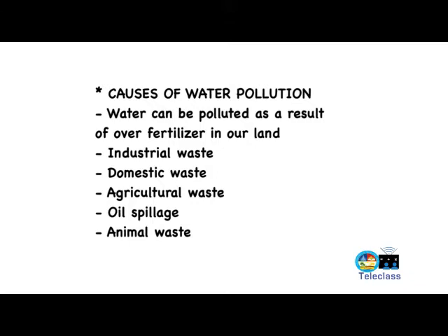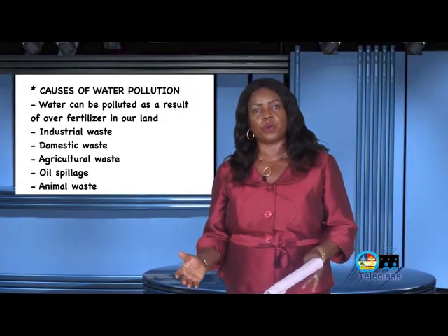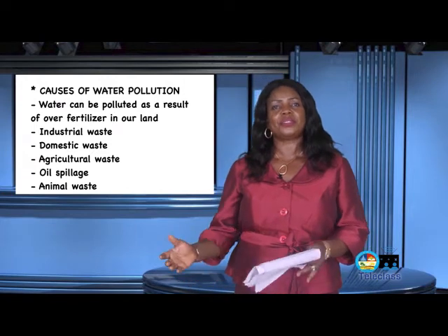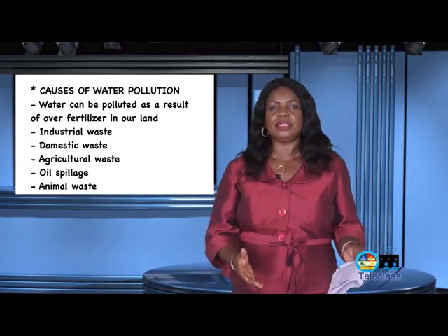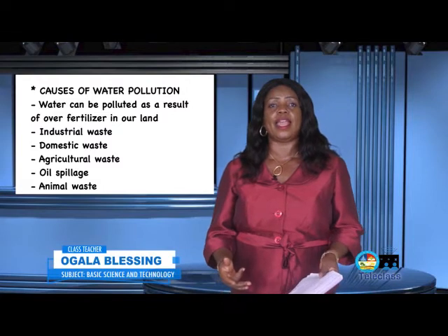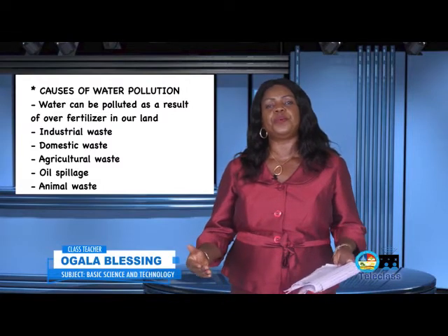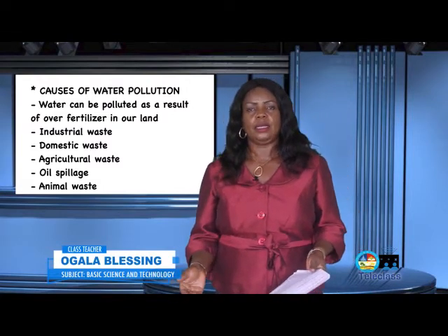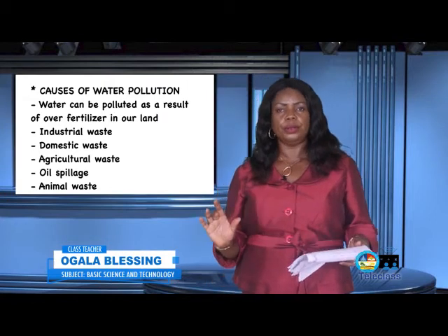Animals walking through the rivers, like cattle rearers, carry their cattle down to the stream to drink water. So as the cattle are drinking water, they are urinating and defecating there, and at the end of the day, the water is being polluted.